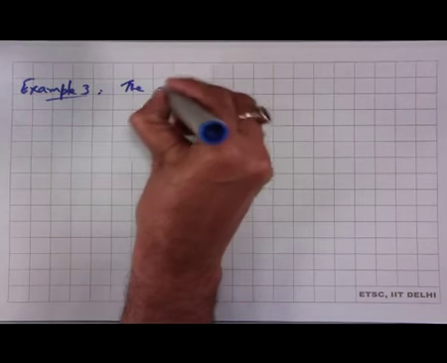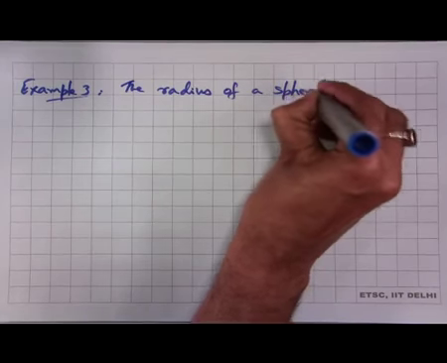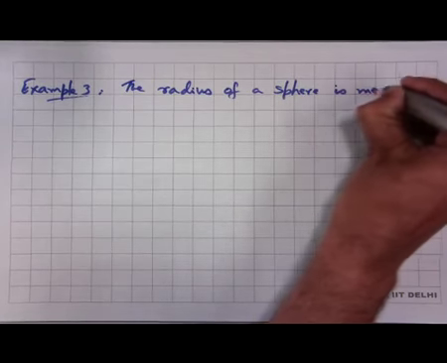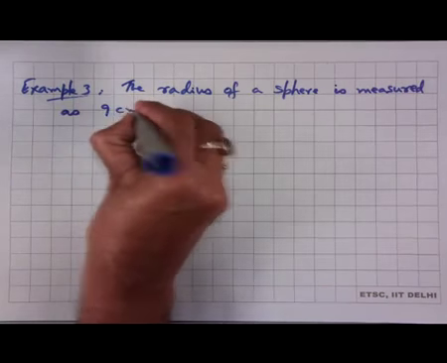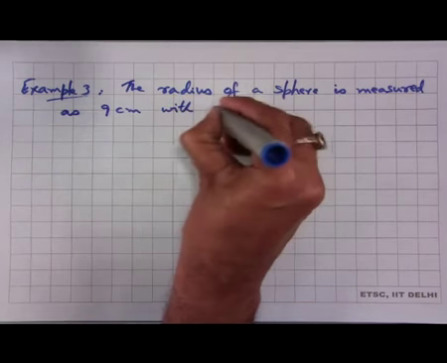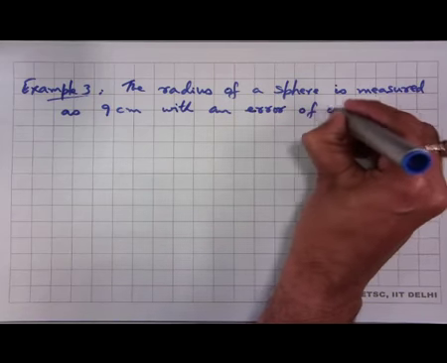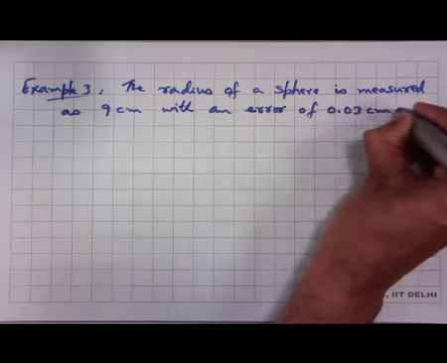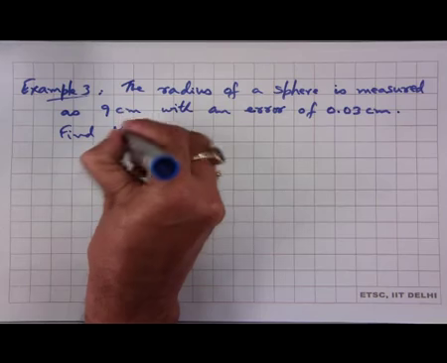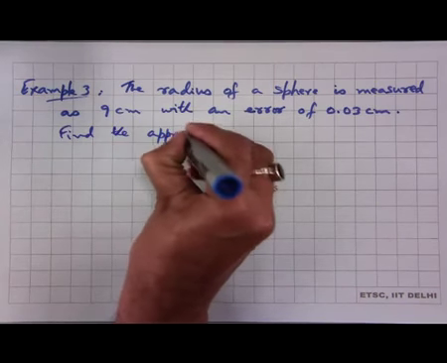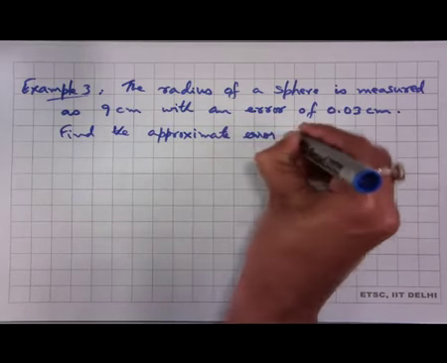The radius of a sphere is measured as 9 centimeter with an error of 0.03 centimeter. Find the approximate error in volume.